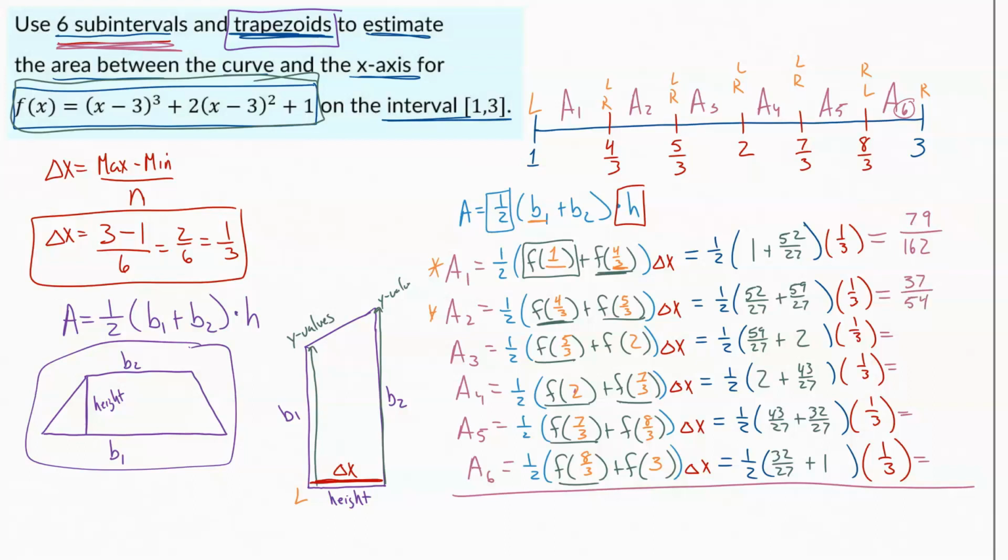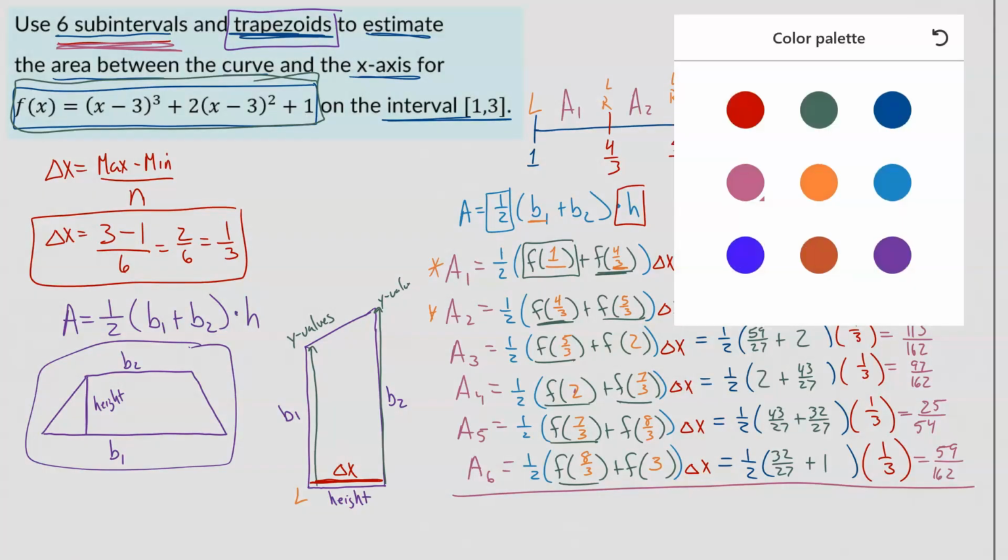Multiplying this all out, I get 113/162. Multiplying this stuff all out, I get 97/162. Multiplying the second to the last one, I get 25/54. And then doing it one last time for this last section, I would get 59/162. So that is the area of the trapezoids for each of those 6 regions.